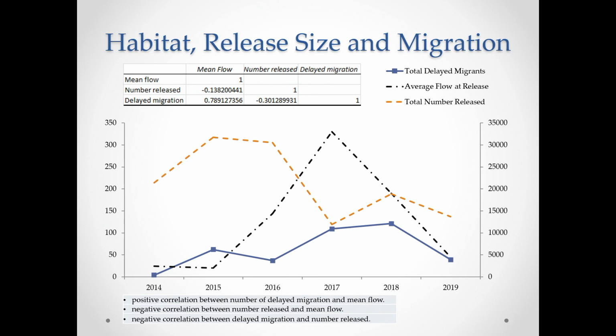So as more fish are released, there's actually less delayed migration. And if there are fewer fish released, there's more delayed migration, which was kind of a head scratcher to me, because seemingly you would think that the more fish you release, the more residuals, the more delayed migration, et cetera. So I think this slide really shows that habitat has more of an impact than numbers of fish released.